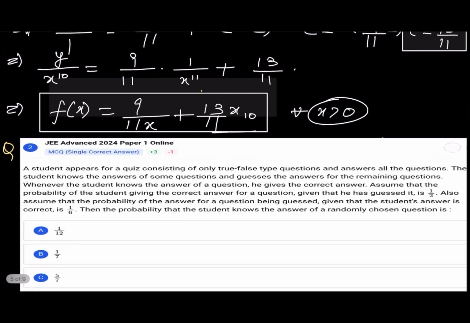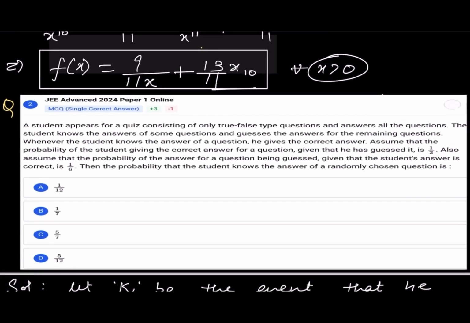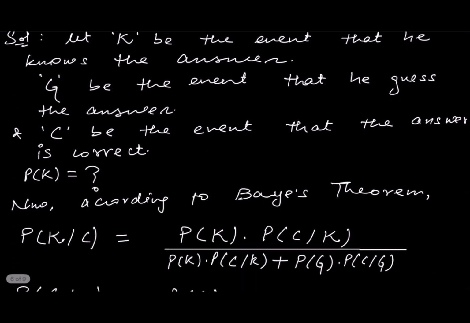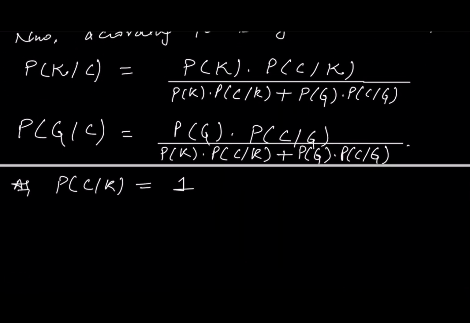Because it is clearly written in the question that the student knows the answer of some questions, and whenever the student knows the answer of a question, he gives the correct answer, right? So when he knows the answer, he will give the correct answer. So the probability of correct answer is 1 when he knows the answer.